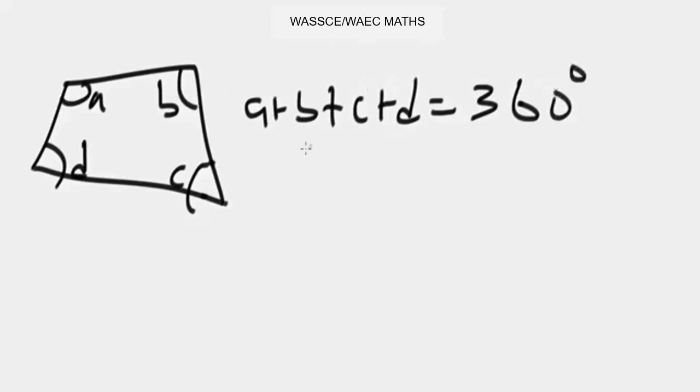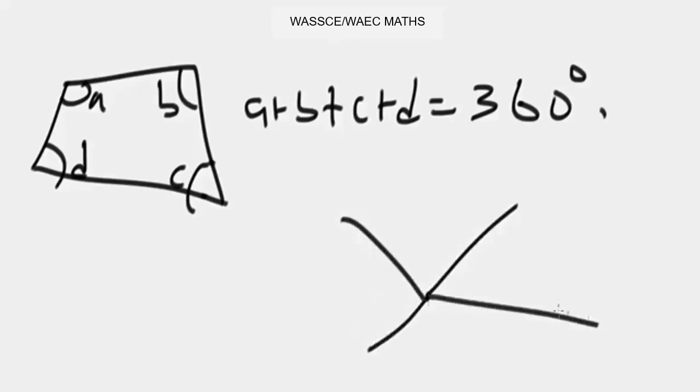Another example, let's look at angles at a point. Angles at a point also sum up to give 360 degrees. For instance, let's say we have a shape like this. Here we have an angle, an angle here, an angle here, and an angle here.